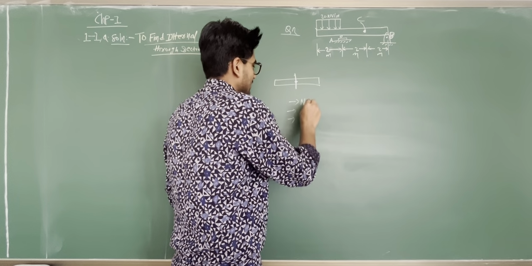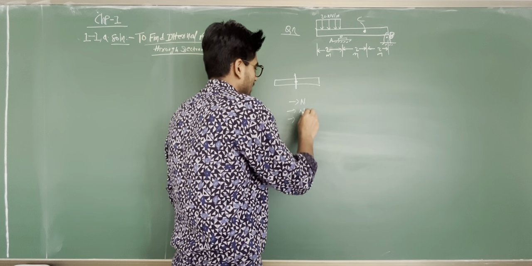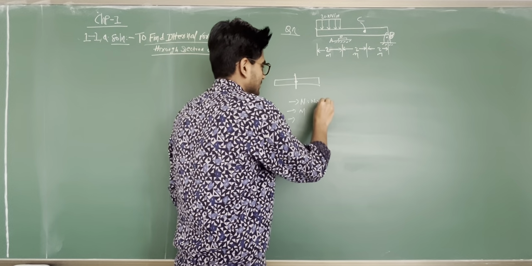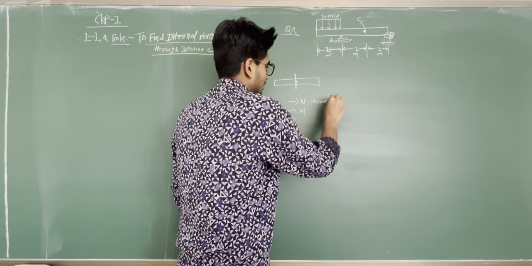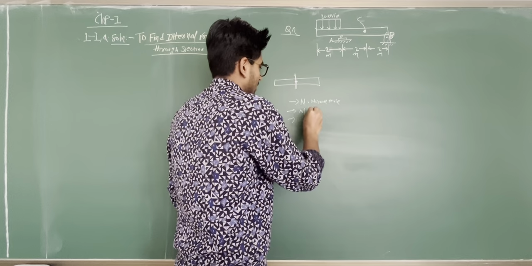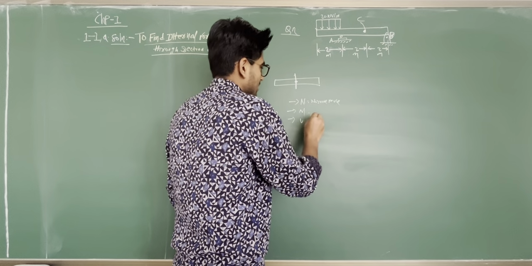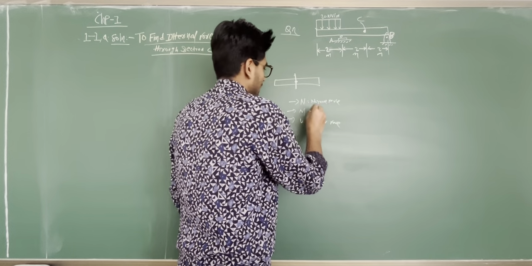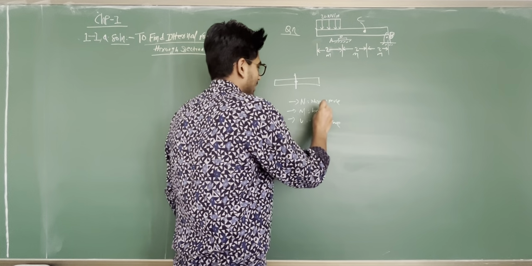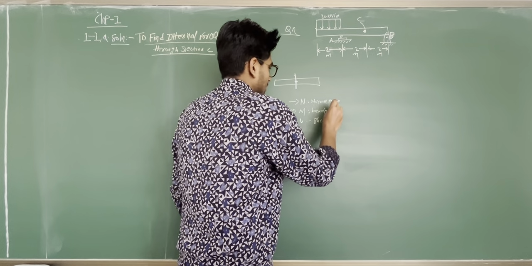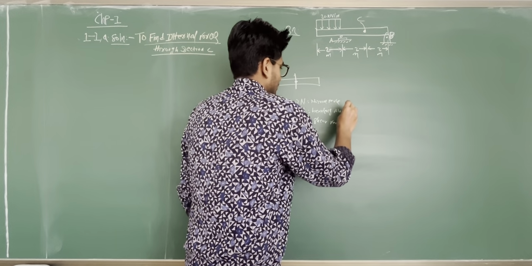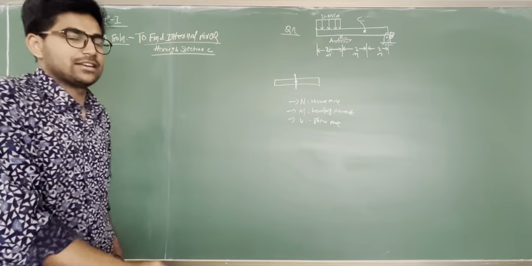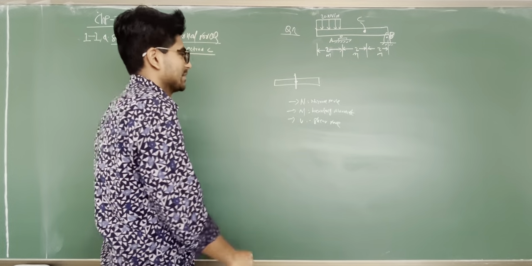N is the normal force, V means shear force, and M means bending moment. I would like to request you to have a look at this, because these things are very important in all the coming chapters.